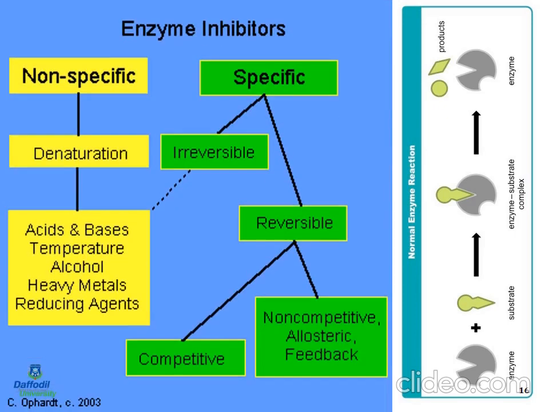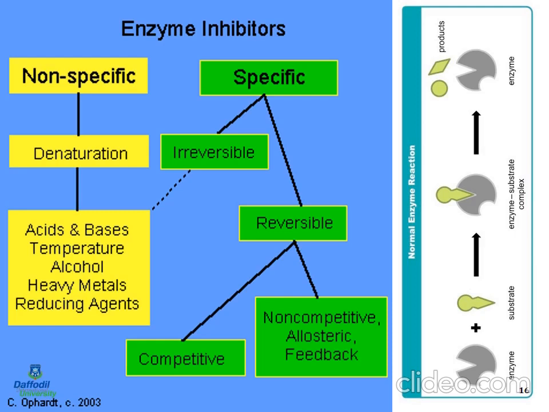Now if we consider how we can stop the activity, is there any way to stop the activity? Yes. It is known as enzyme inhibition, and the inhibition process is of two types. One is non-specific, another one is specific. If we consider the non-specific one, you just denature the protein, because the enzyme is a protein and we said the size and shape are very important.